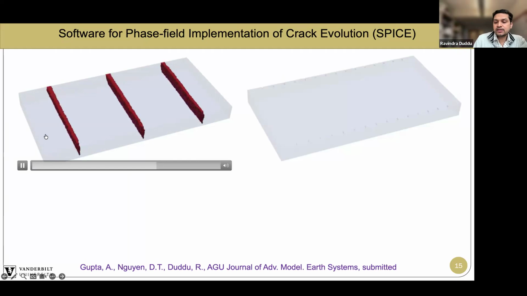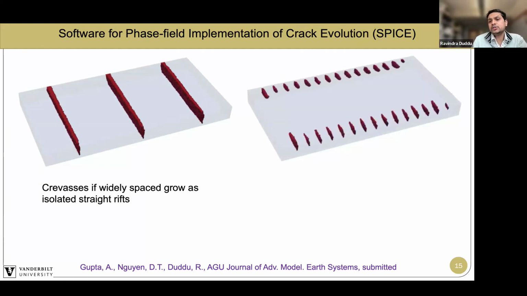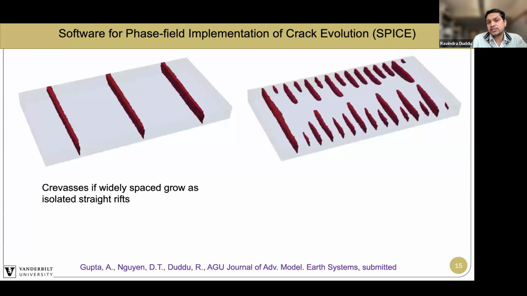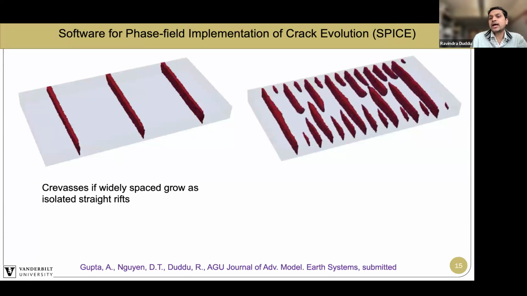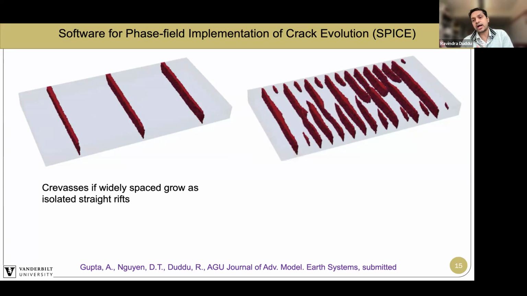And the exercise here is that if you have crevasses that are widely spaced, then they will grow as isolated rifts. But if you have multiple ones, closely spaced, then you start to see interactions among them. That means some crevasses did not propagate, some propagated and coalesced, some propagated to a certain extent before they stopped and did not coalesce, and then some are trying to curve and join with their neighboring cracks and not the crack straight ahead of it.